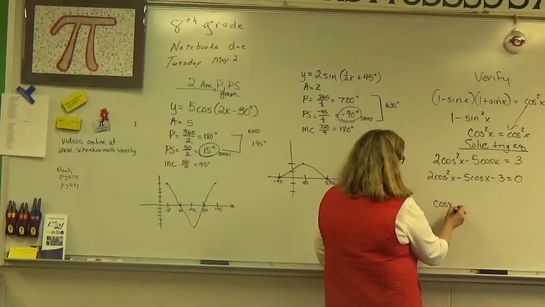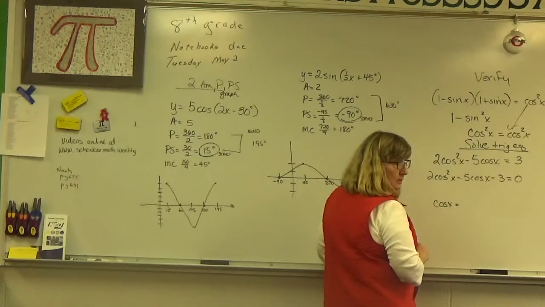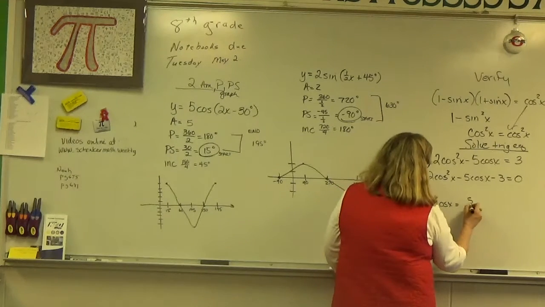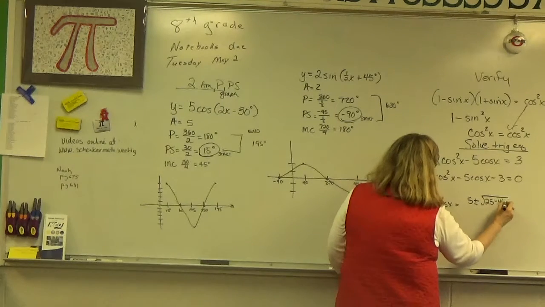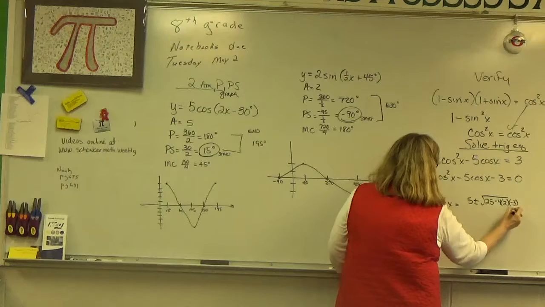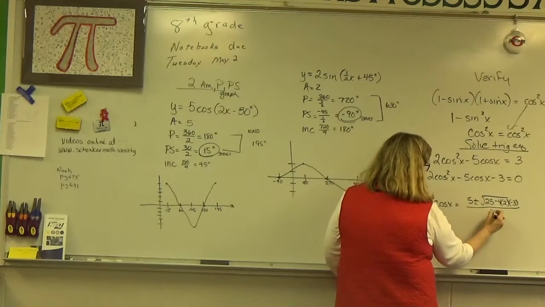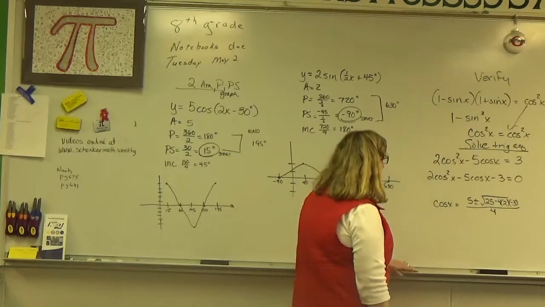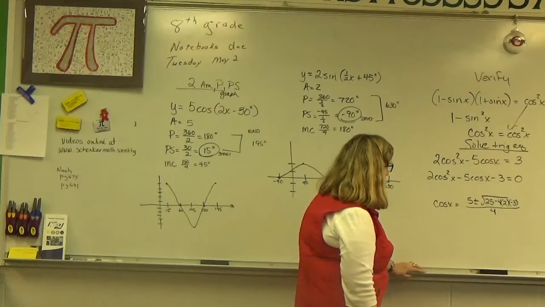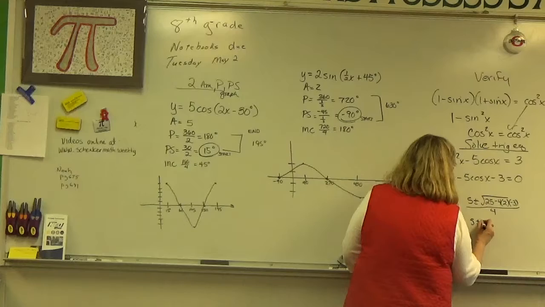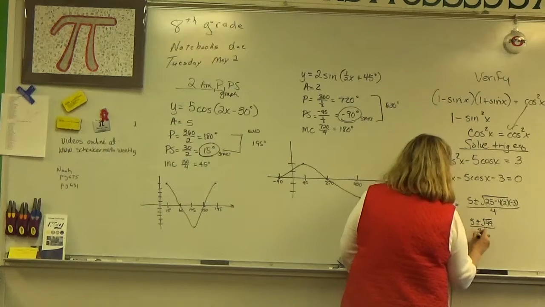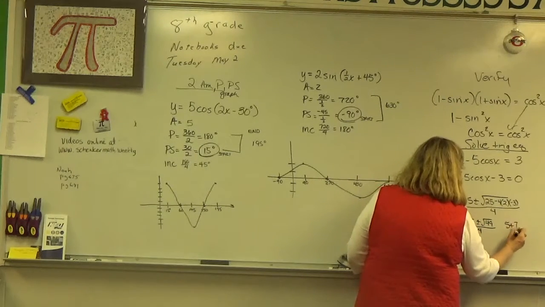So cosine equals the opposite of b, 5, plus or minus the square root of b squared, 25, minus 4 times a times c, over 2 times a. So what do we get underneath the radical? 49. The square root of 49 is? 7.